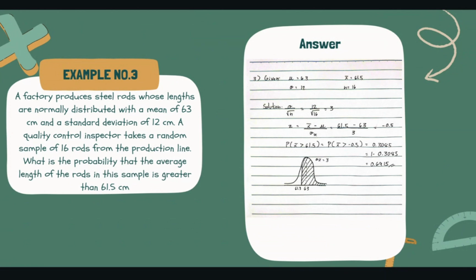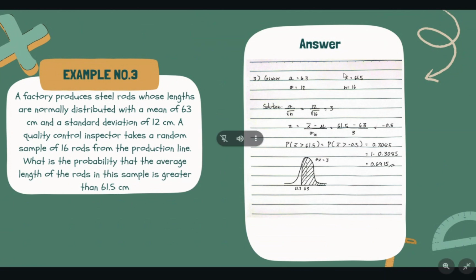What is the probability that the average length of the rods in this sample is greater than 61.5 centimeters? This is a little different from our examples 1 and 2, because now what is being asked is greater than 61.5 centimeters.